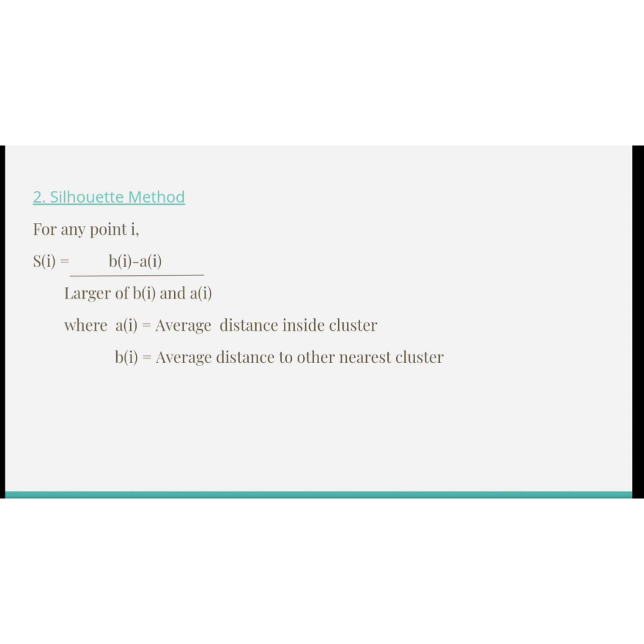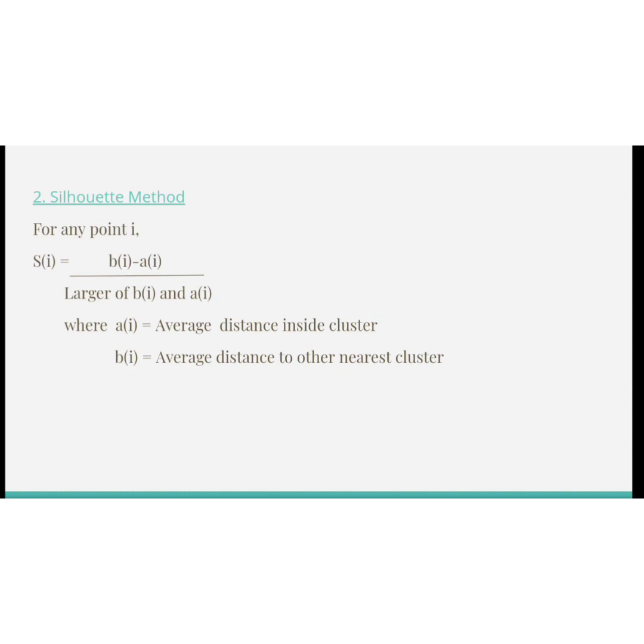Now coming to b(i), it will be the average distance of the same point i to all the other points in the nearest cluster. So that's the difference. In the case of a(i), it was the average distance to all the points in the same cluster, whereas in b(i), it's the average distance to all the points in the nearest cluster.